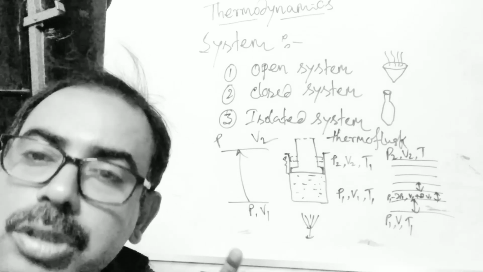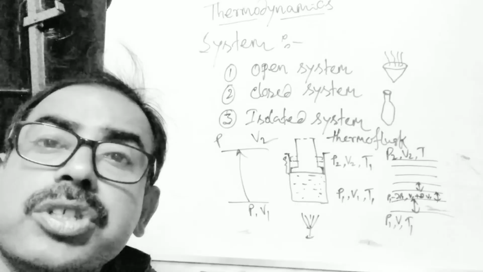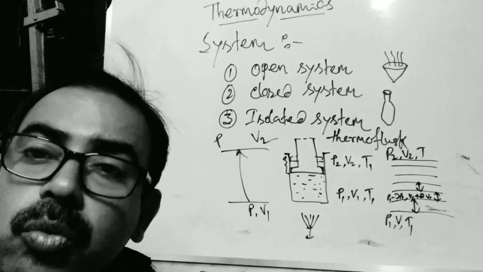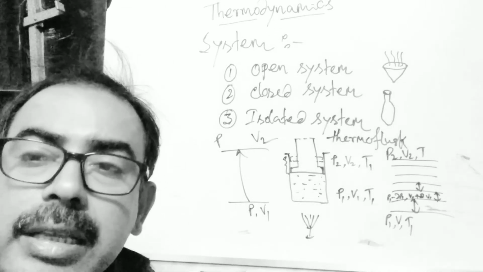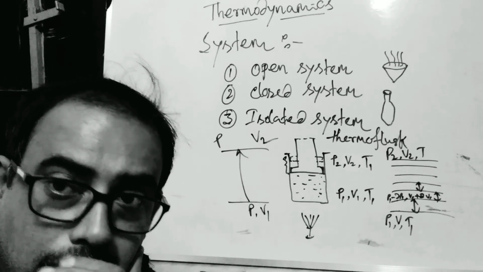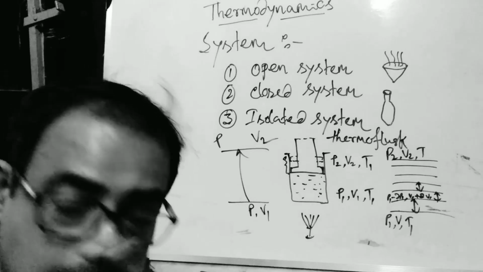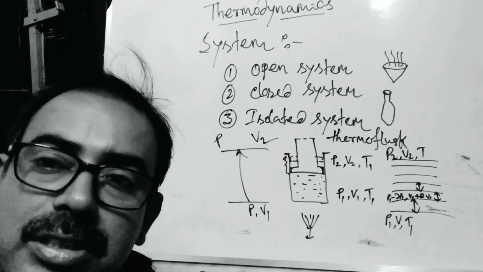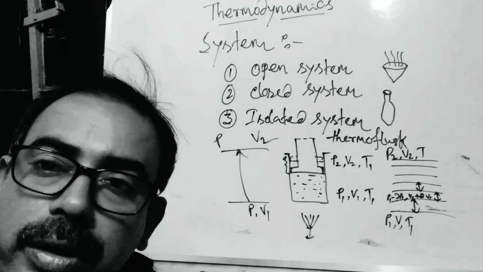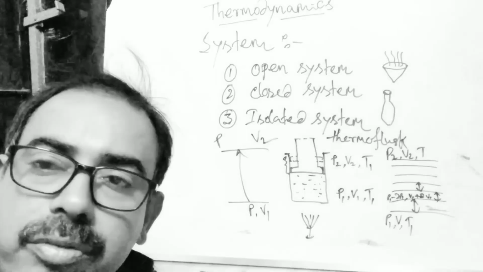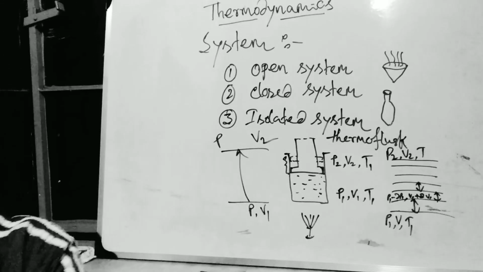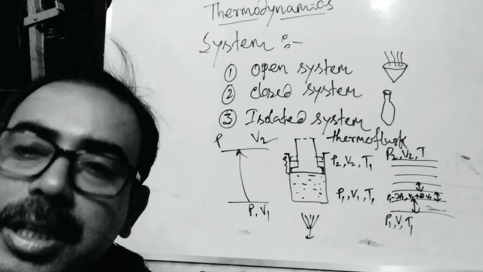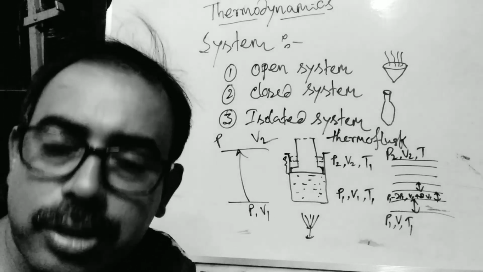So work done is a thermodynamic function which depends upon the path of the change. That is why work done is called a path function. But internal energy change remains the same whether the change occurs reversibly or irreversibly. That is why internal energy change is called a state function.